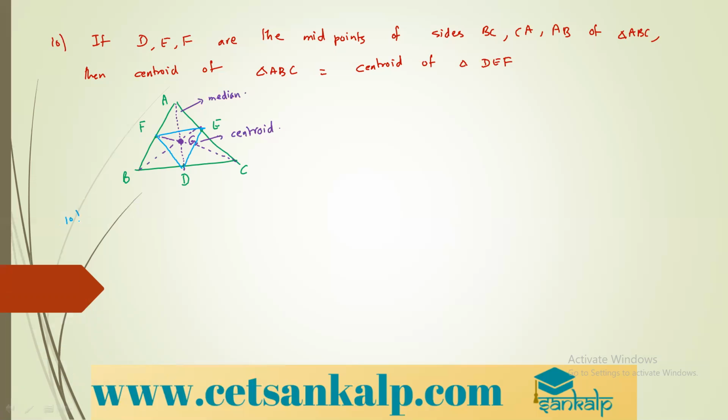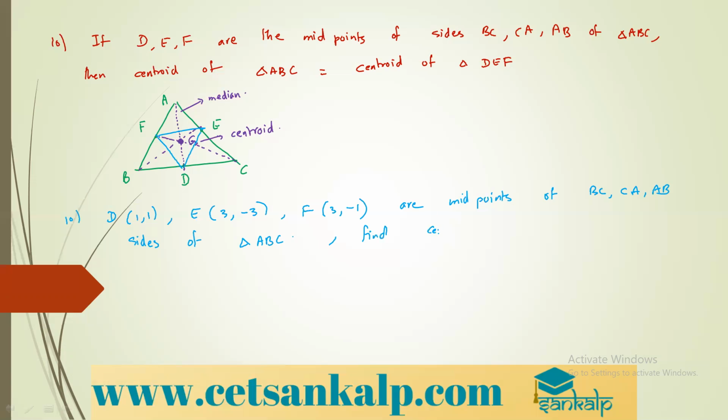Coming to question number 10, I'm giving you D (1, 1), E (3, -3), F (3, -1), which are midpoints of sides BC, CA, AB of triangle ABC. Your work is to find the centroid of triangle ABC.